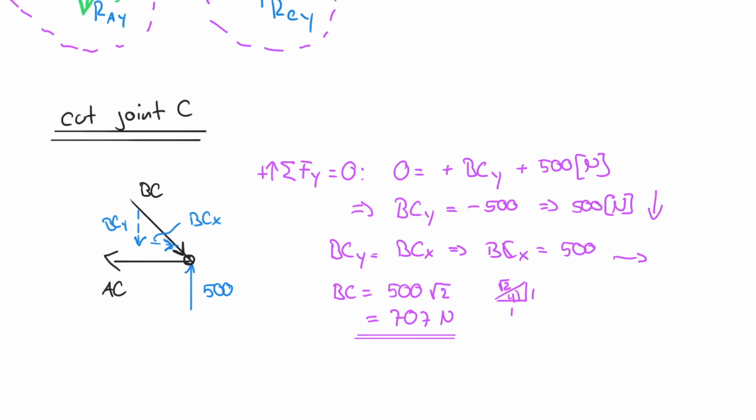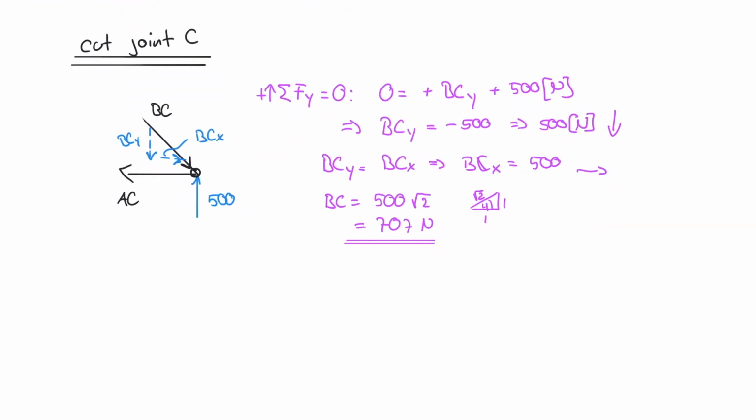And now I can move on to the next one, which is AC. How do I calculate AC? I calculate AC by the sum of the forces in the x direction being equal to 0. And 0 is equal to minus AC plus BCX.